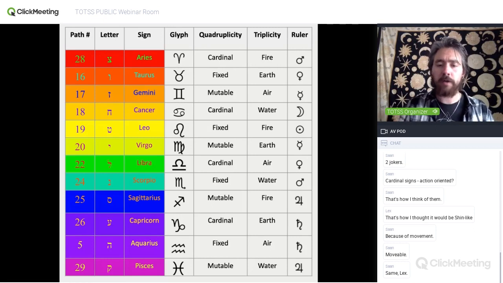Scorpio is sort of fixed water and ruled by Mars. So Aries is the kind of fiery cardinal Mars sign, and so Scorpio still has that kind of Mars energy, but it's something sort of subtler or less in your face.